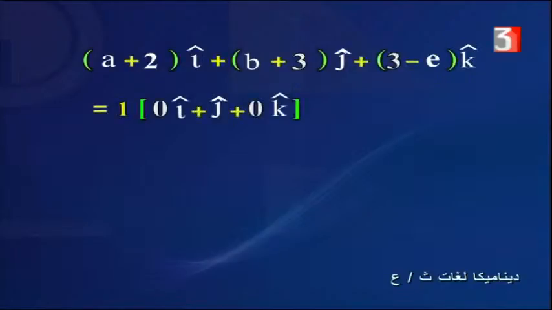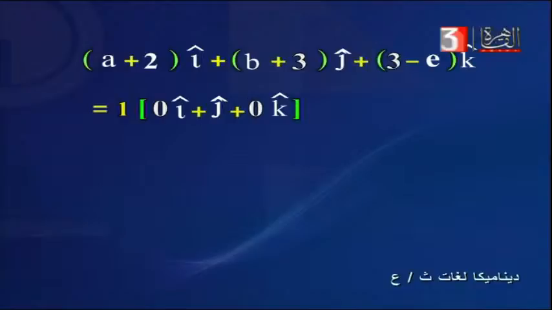Now A plus 2 i plus B plus 3 j plus 3 minus E k equals 1 times 0i plus j plus 0k.